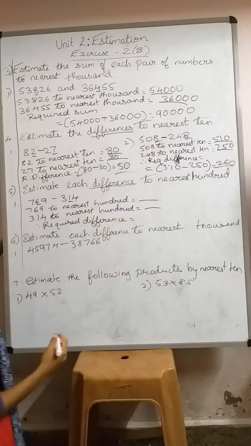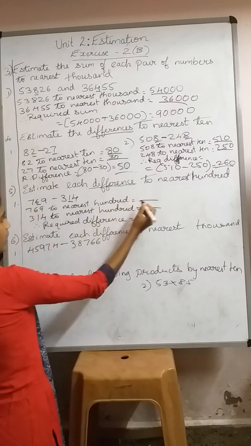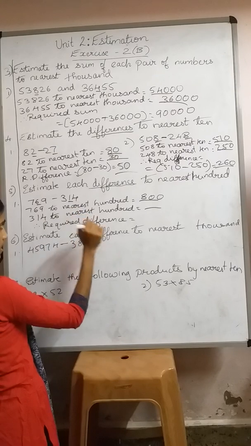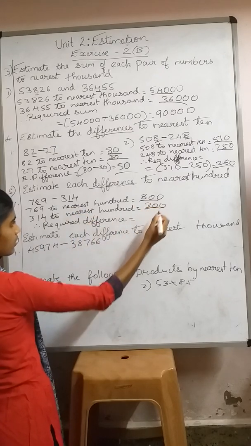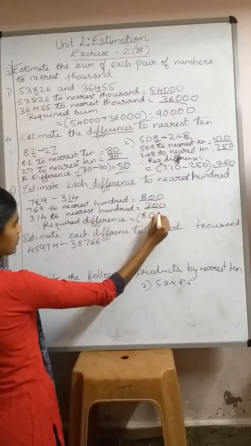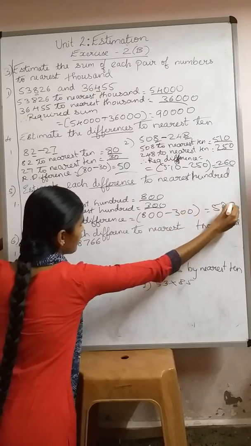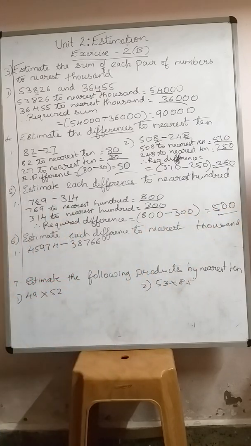Let us do, children. 6 is more than 5. So add 1 there and it becomes 800. 1 is less than 5, so it is 300. So let us solve: 800 minus 300 equals 500. Did everybody get this answer? I hope everybody has got 500 as the answer.